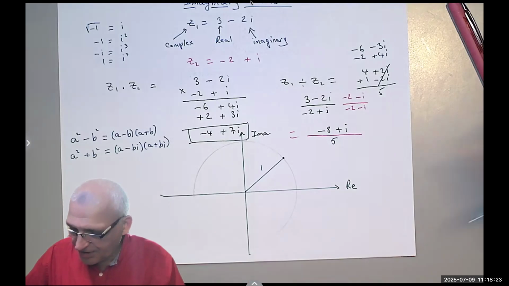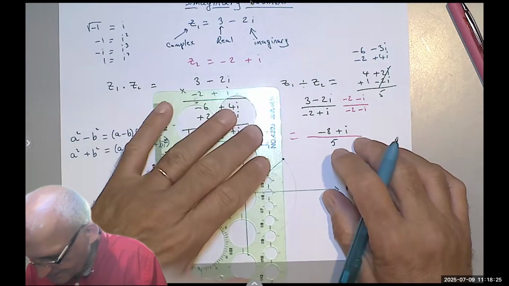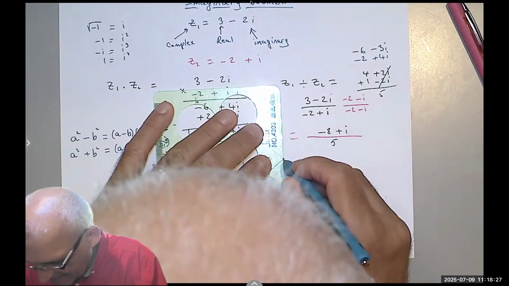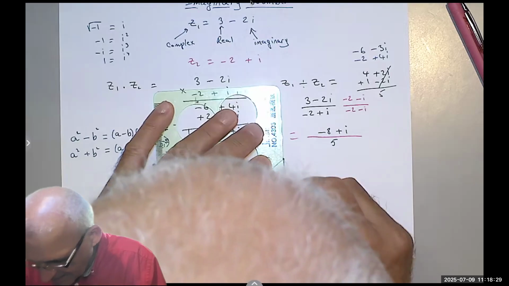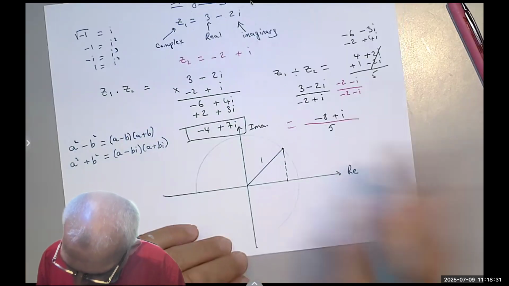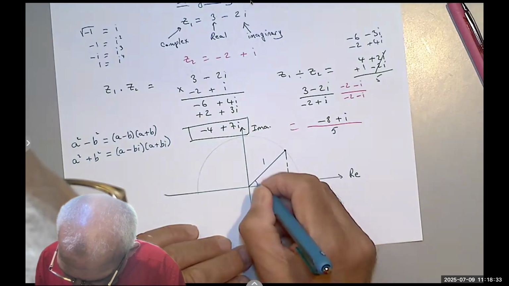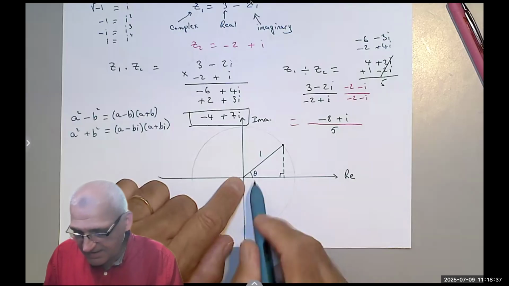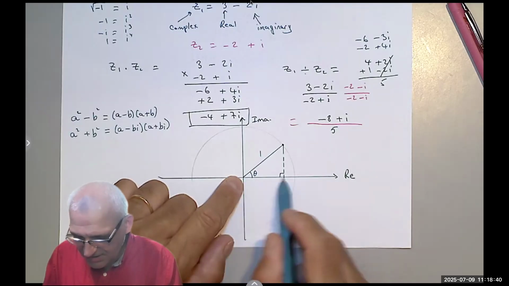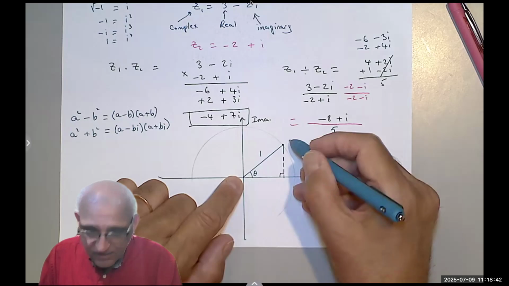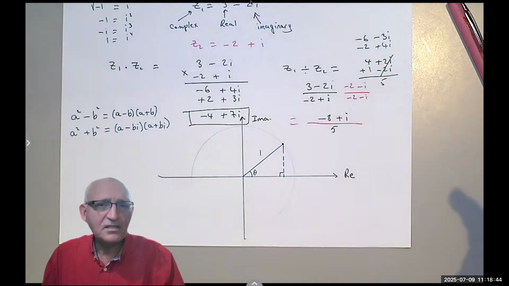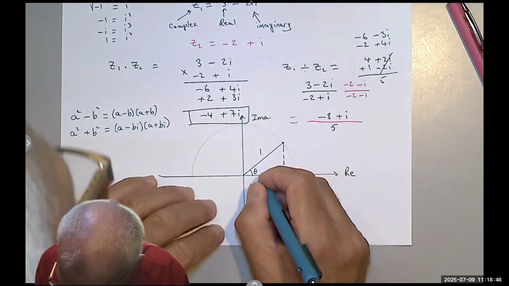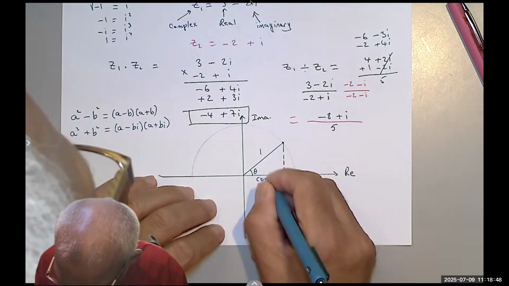We learned from trig that if I drop a perpendicular line like that, and I say this angle is theta, the cosine of theta is adjacent, which is this portion, over hypotenuse, but the hypotenuse is 1. So this would be called cosine theta, right?